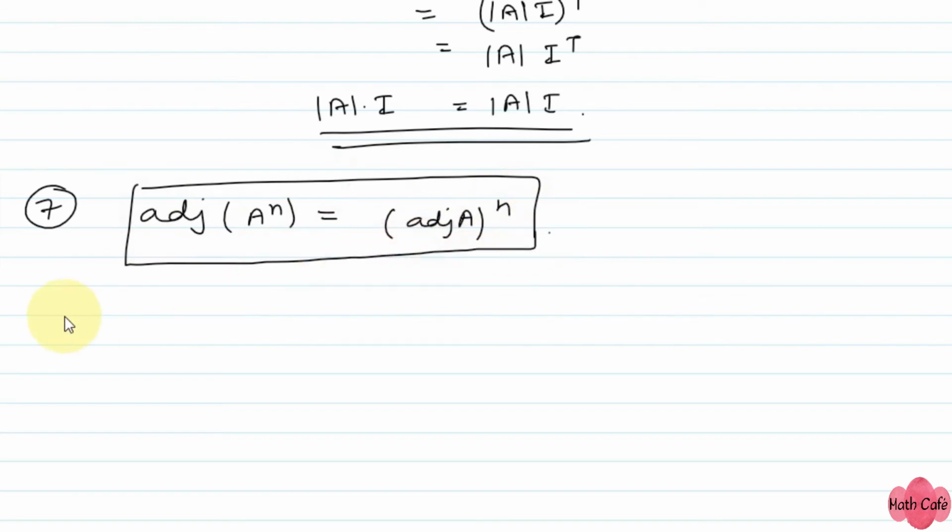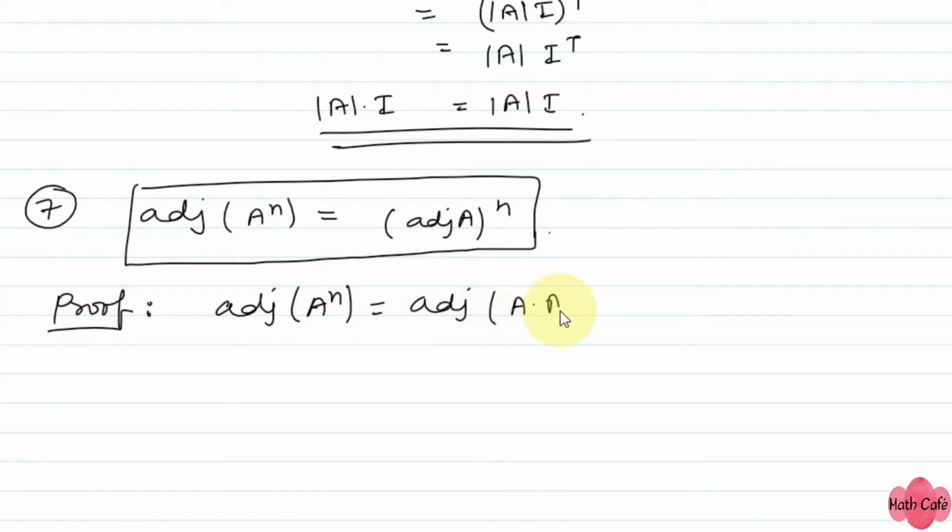Okay, so let's see the proof of this property here. This expression is written adjoint of A power n. So A power n is nothing but A multiplied by itself n times, so A multiplied by A multiplied by A, n times.